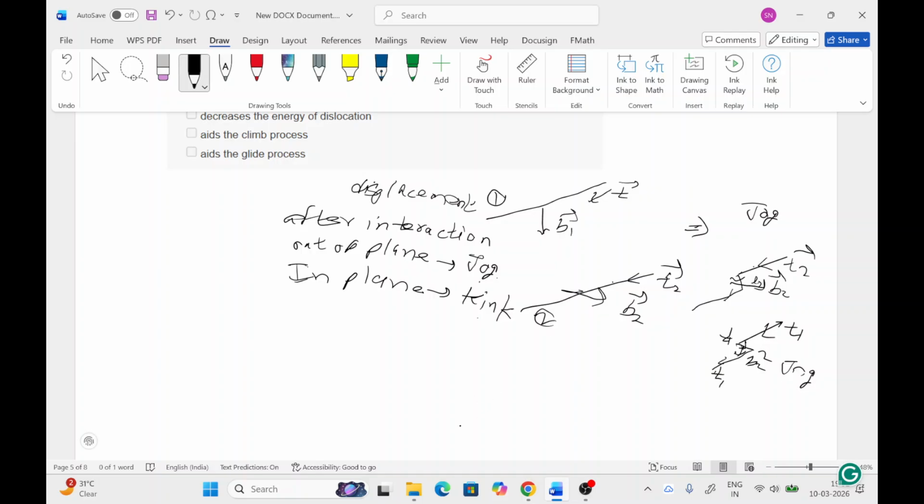Climb in general: this is the dislocation line. If an obstacle is here, this is the climb, and it surpasses the obstacle in the path of its motion. So this climb is a case of double jog.